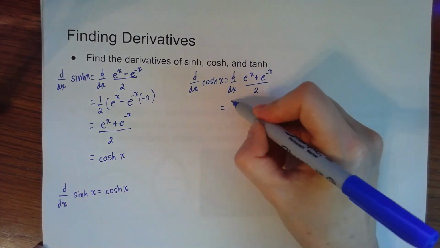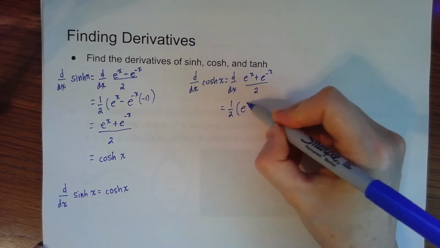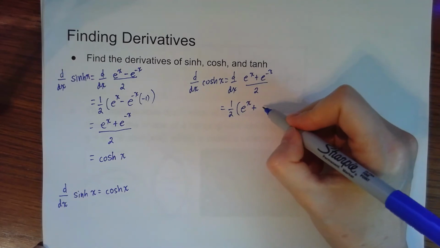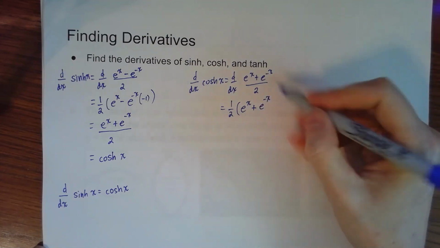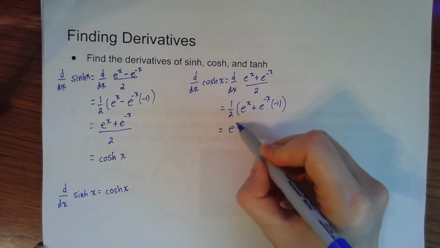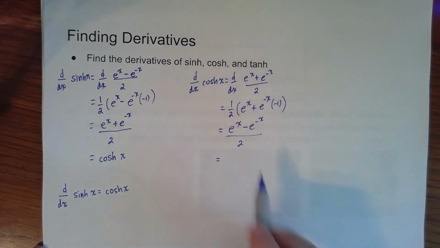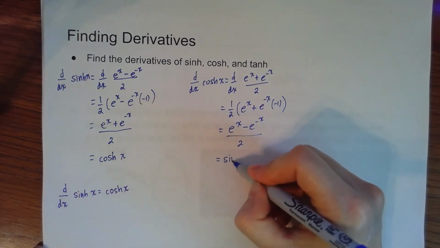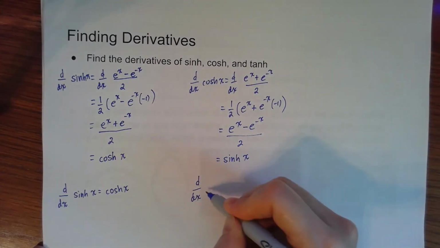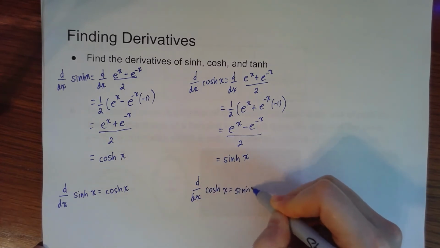So when we take the derivative of that, we'll have 1/2 of, and then the derivative of e to the x is e to the x plus the derivative of e to the negative x, which is e to the negative x times the derivative of negative x, which is -1. So we'll get e to the x and then minus e to the negative x over 2, and this is just the hyperbolic sine of x. So that means the derivative of the hyperbolic cosine is equal to hyperbolic sine.